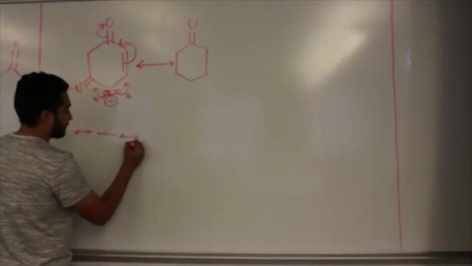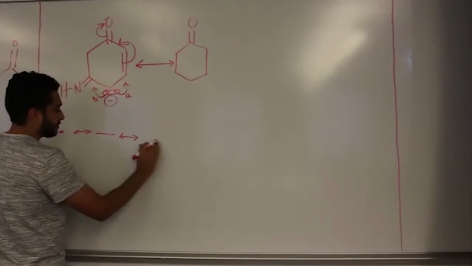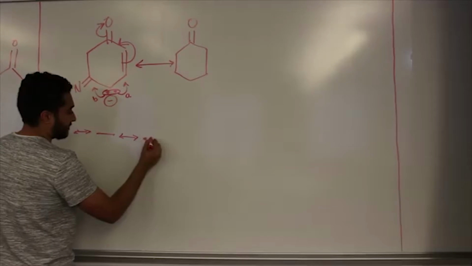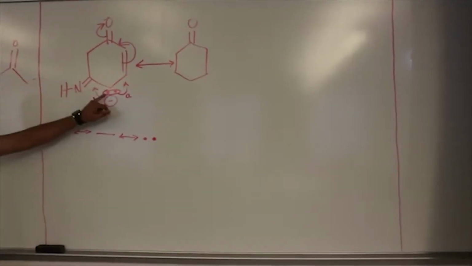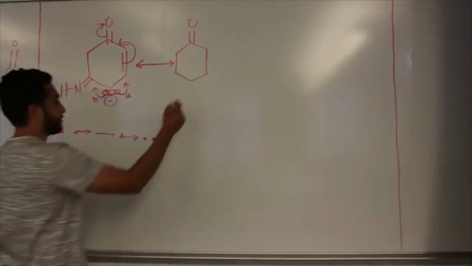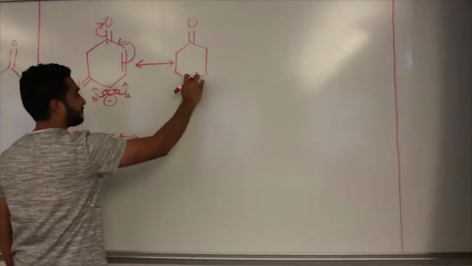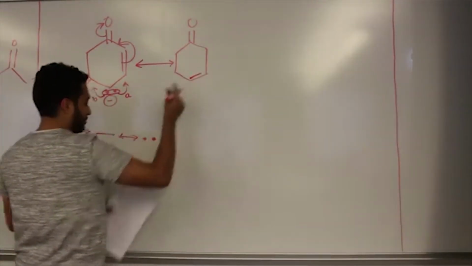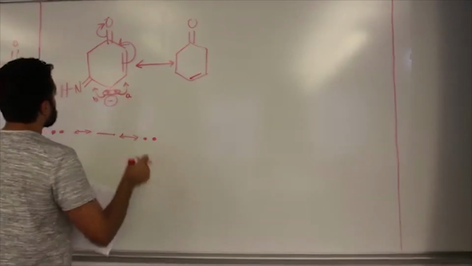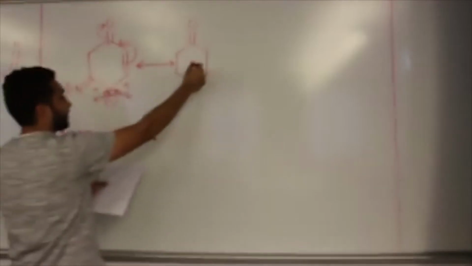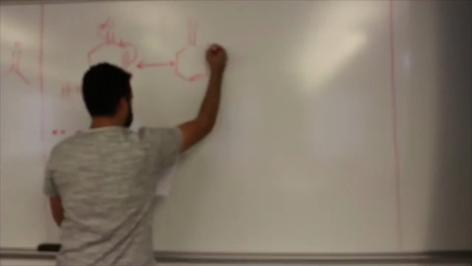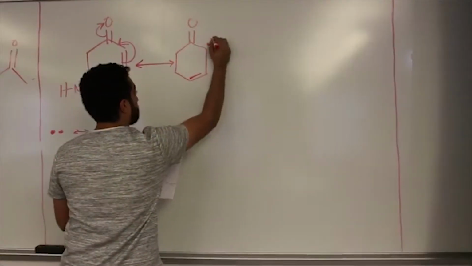And if you're going from a double bond to something else, you go from that to lone pairs. So we had lone pairs, they go here, so now it becomes a double bond. And this bond over here will now become lone pairs.